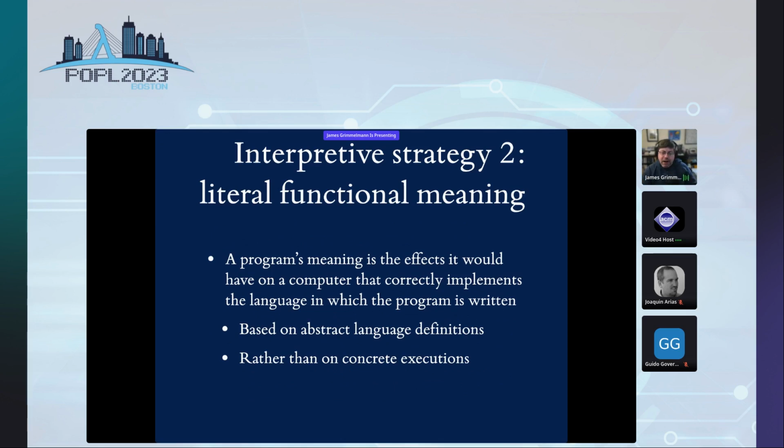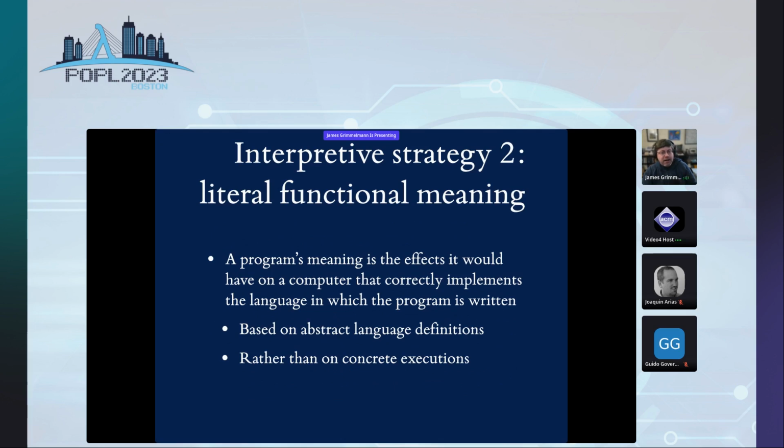It's based upon functional meaning in the naive sense I discussed before, but it's a more sophisticated way of extracting meaning from effects. So here, a program means the effects it would have on a computer that correctly implements the language in which the program is written.